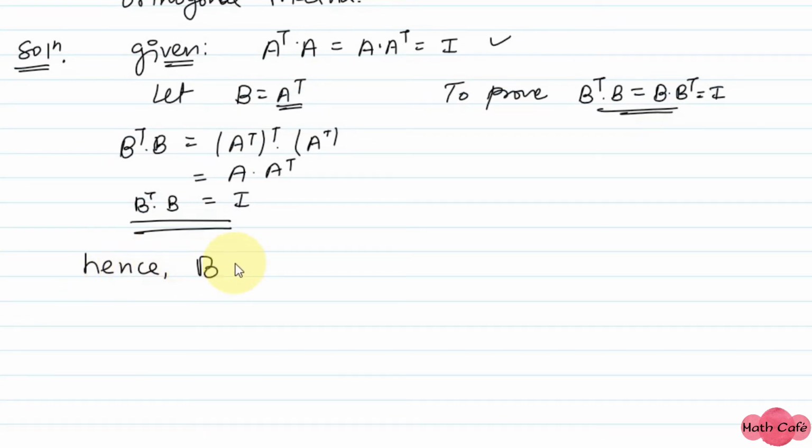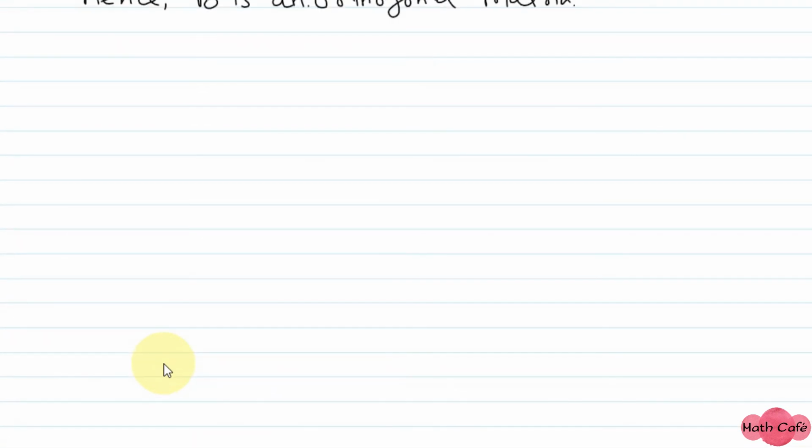Hence B is an orthogonal matrix. All right, so we have proved this. Let's move to another question here.